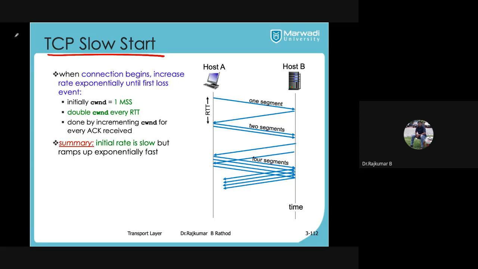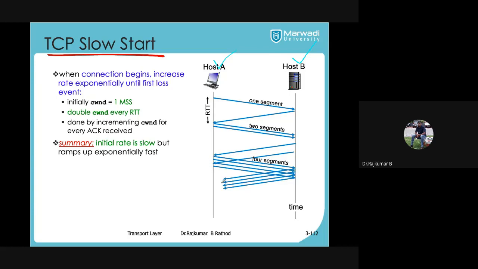Okay. So in slow start, what happens when the connection begins between your host A and host B? At the start, it sends one segment and waits for the acknowledgement. Once the acknowledgement comes, it increases to two segments. Then once those acknowledgements come, it increases to four segments, 4 Mbps.